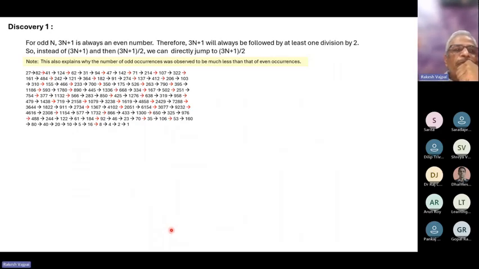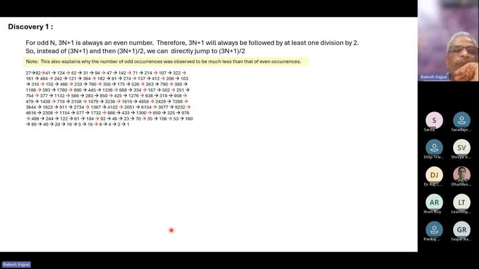So if that is always going to be there, then why not, instead of 3n plus 1, I consider 3n plus 1 divided by 2, that is both the steps together as one step. And this looks like a very small thing, but it has its own effect on the entire complexity of the problem.